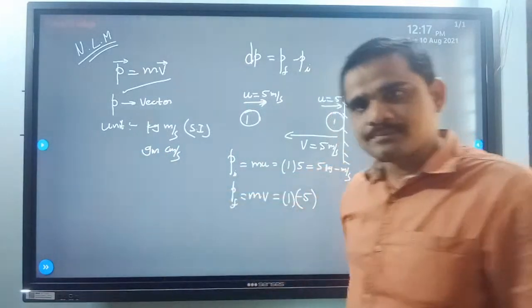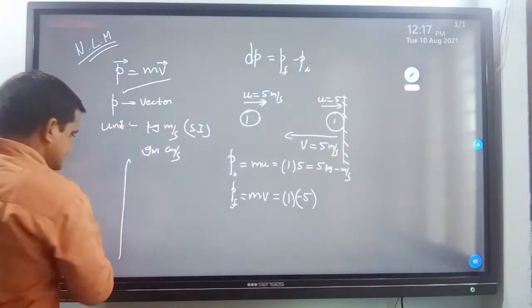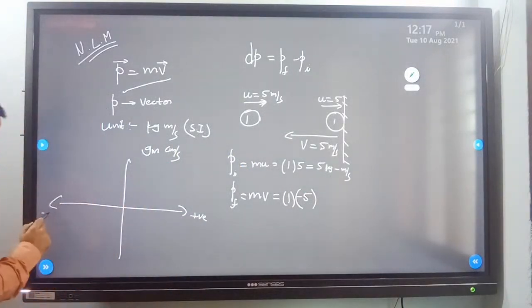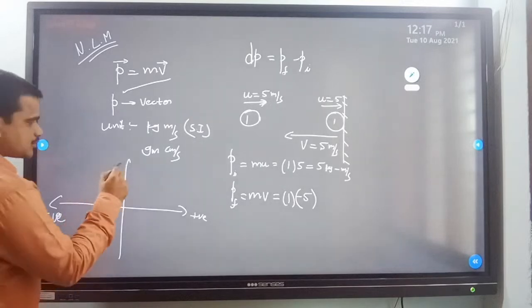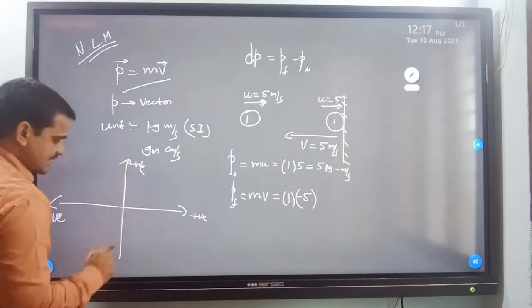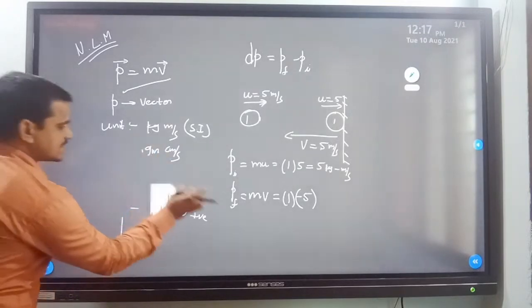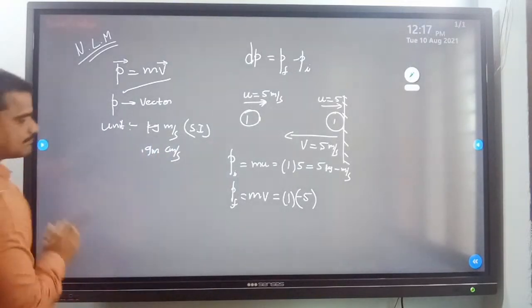Commonly we take this as the x-axis, y-axis, and this is the origin. This is the positive x-axis, and this direction is the negative x-axis. This is the positive y-axis, and this is the negative y-axis.